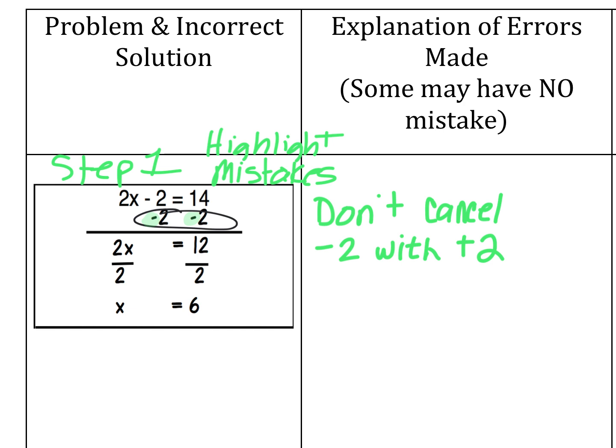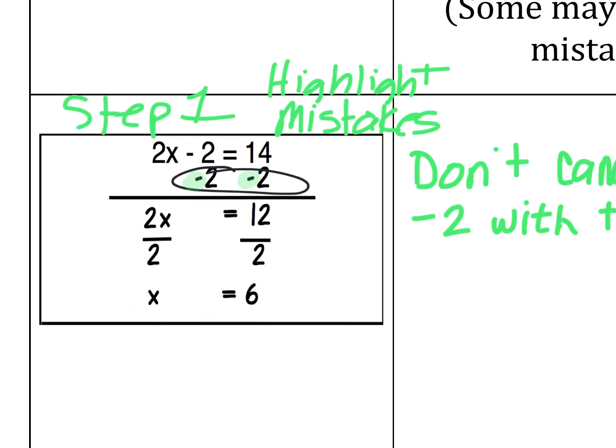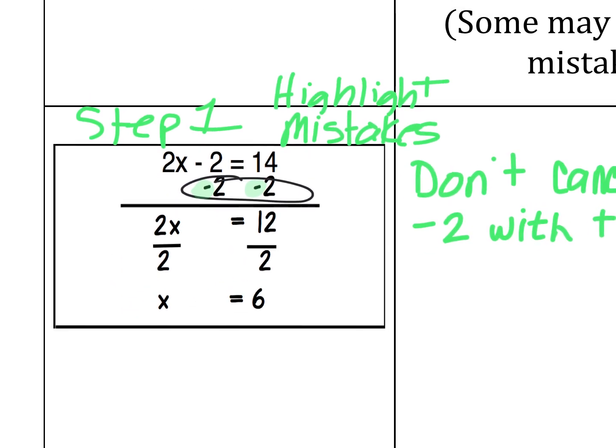Now, there could be more than one mistake, so let's go through and check the rest. If I were to grade this, let's check their math, because that's where we always have a lot of issues. We obviously know that won't cancel, but let's see if they made another mistake anyway. Even though it's the wrong number, check their math.